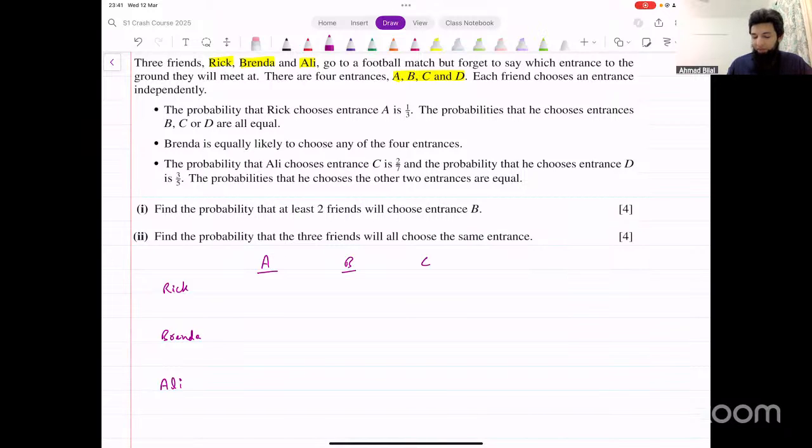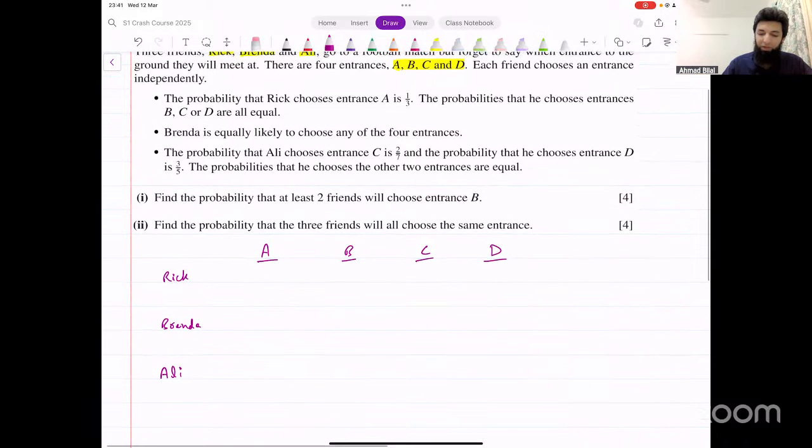And there are 4 entrances that are possible, A, B, C, and D. What are the probabilities that we have for Rick? The probability that he chooses entrance A is 1/3. So this probability is 1/3. Probability that he chooses entrances B, C, or D are all equal. So now the remaining probability is equally divided amongst the other three entrances. Now, what's the remaining probability? This was 1/3, right? Total probability is 1.